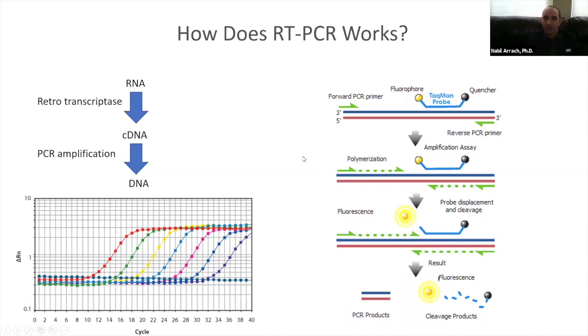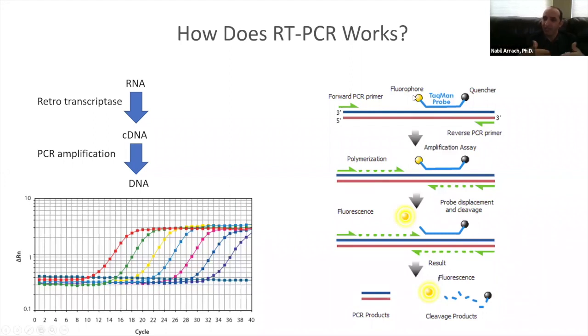The two components that I use in the PCR are the primers and the probe. The primers will amplify the genome, and the probe will give you the fluorescence. If you look at the right-hand side, you see this probe right here. The probe would land on the amplified DNA. If the probe is stretched, then the fluorescence will come out.